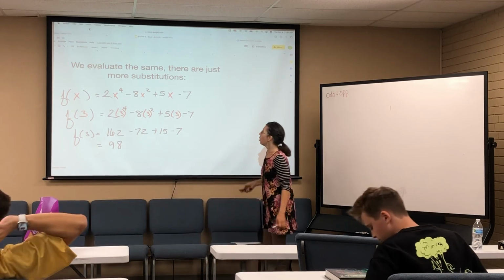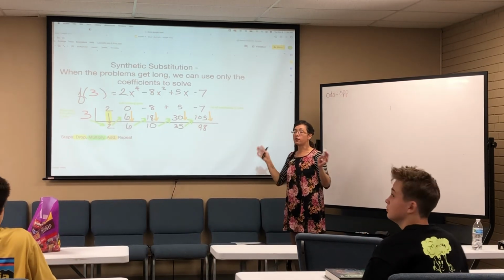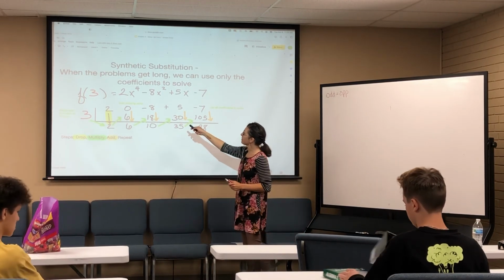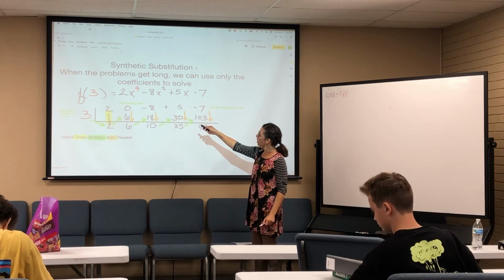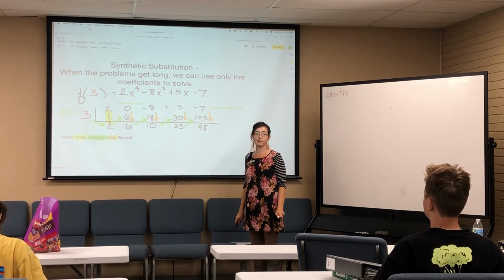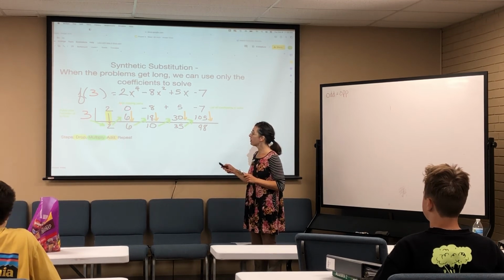Well, with synthetic substitution, what we do is we get rid of all of the variables and we're only gonna deal with the coefficients. So in this case, we started with a 4. Where is our x cubed? Gone. We don't have one. So as Isaac said, we put the number 0.